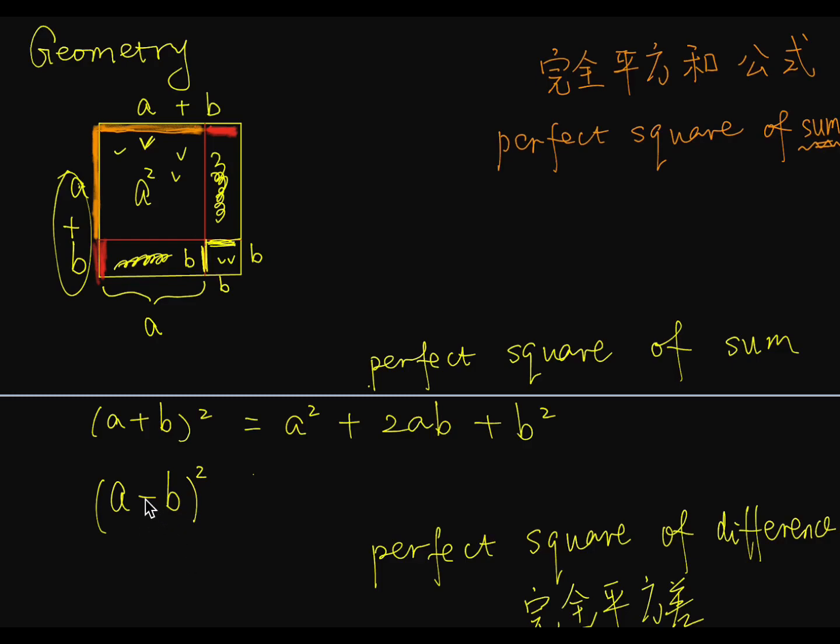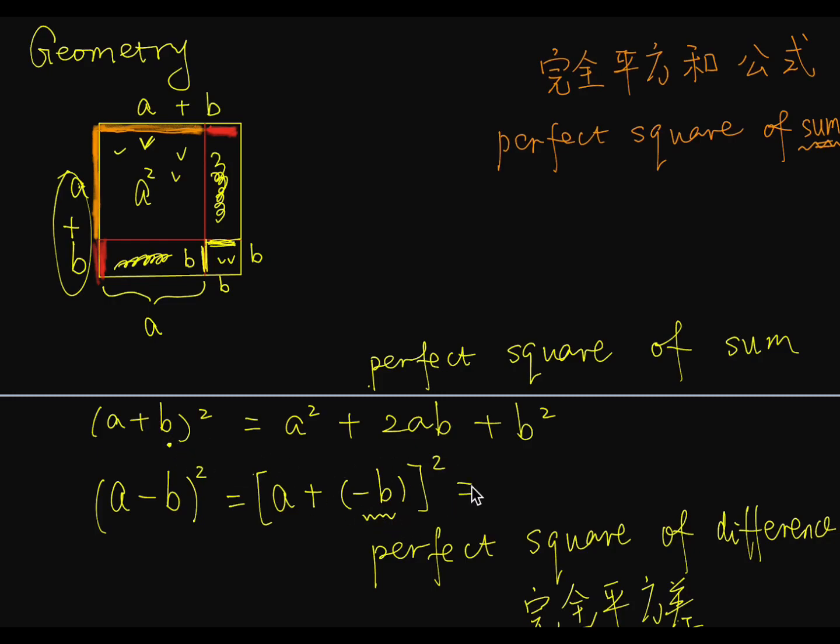Now, if we have the difference of a and b, and we square it, how can we get this formula? In this case, we convert this form to a sum. It can be converted to a plus negative b, all squared. This negative b has the same status as b in the previous formula.